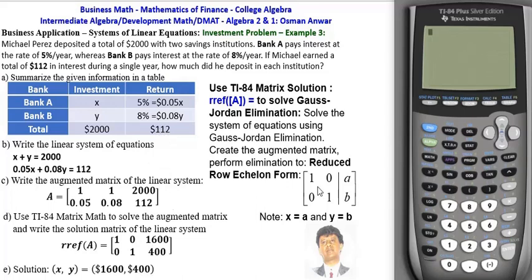Okay, so again we do second matrix, edit, hit enter, it is 2 by 3 again.